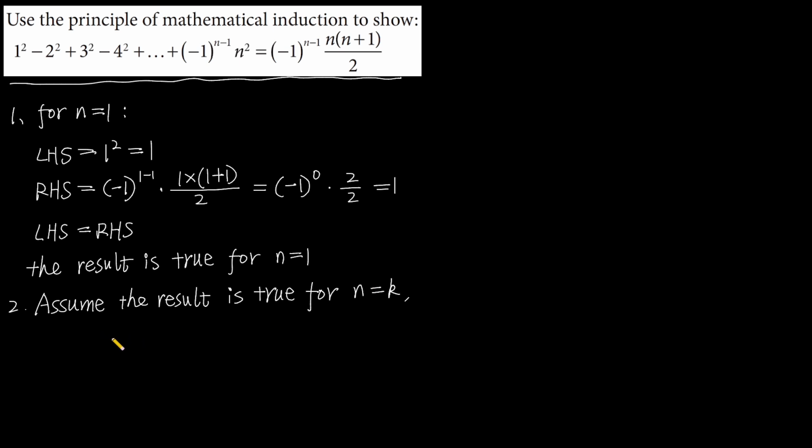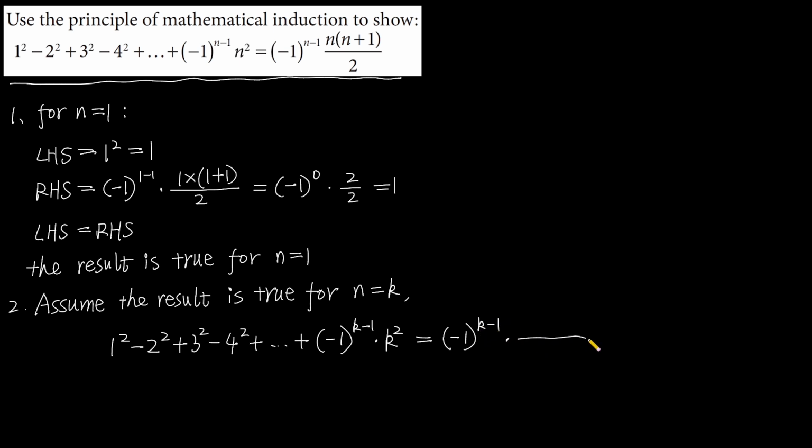So we have 1 squared minus 2 squared plus 3 squared minus 4 squared plus ... plus -1 to the power of k minus 1 multiply k squared equals -1 to the power of k minus 1 multiply 2 k multiply k plus 1.